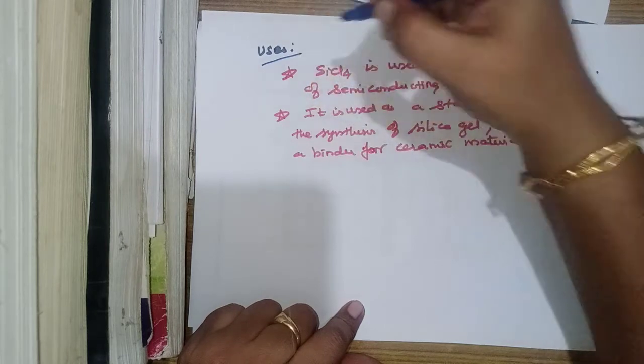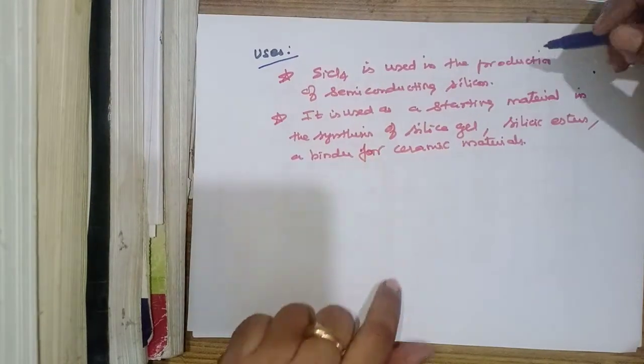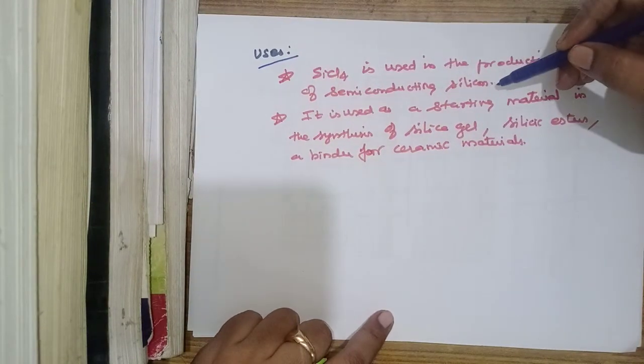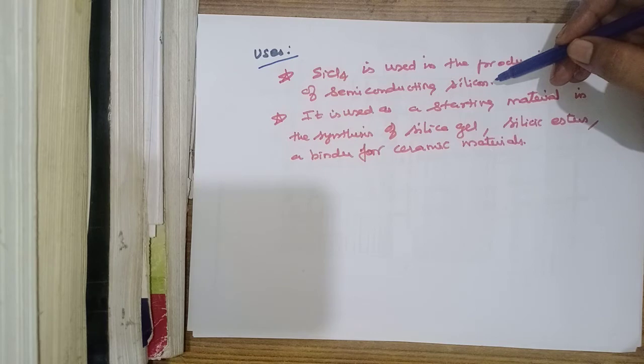Uses of silicon tetrachloride. It is used in the production of semiconducting silicon. A semiconductor partially conducts electricity, and impurities are added.